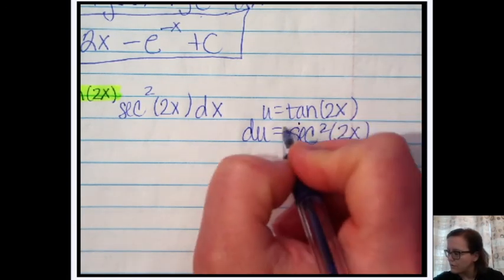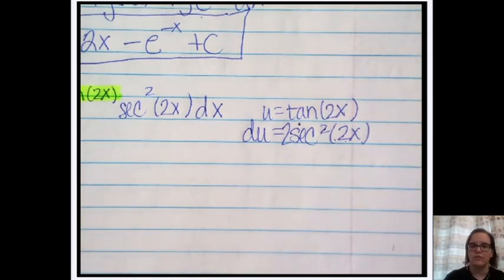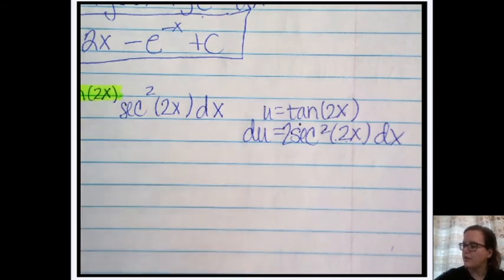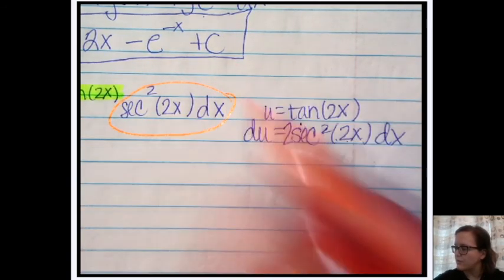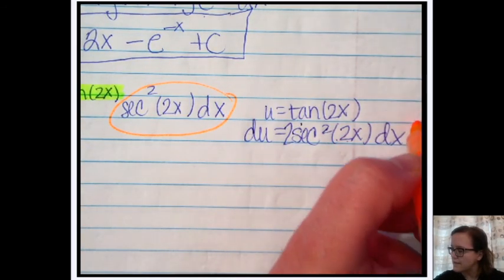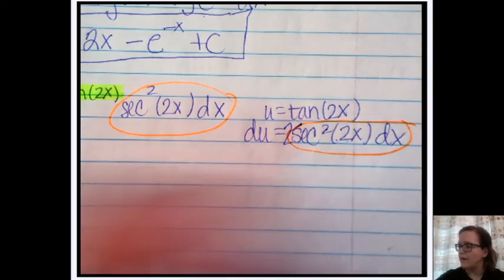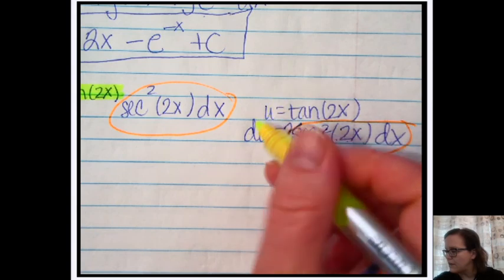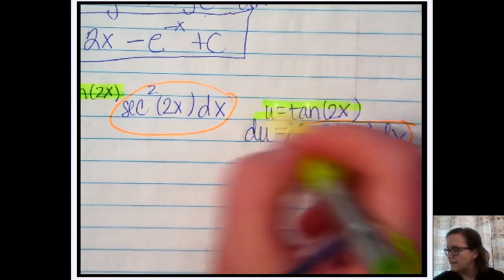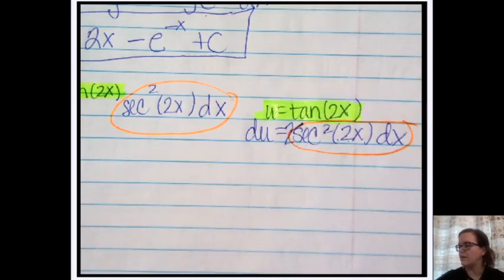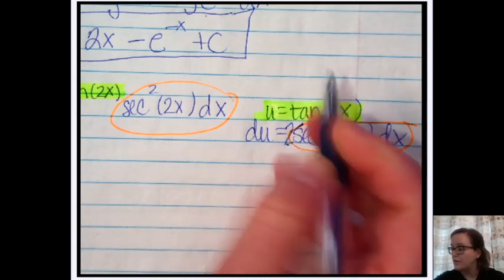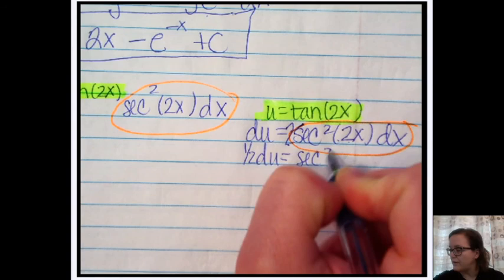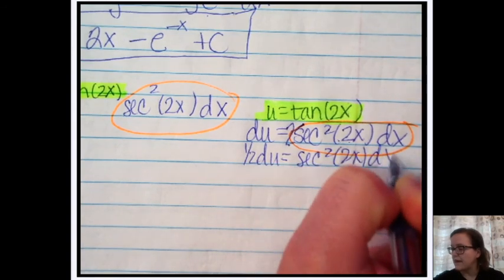So we would need a 2 here. So du equals 2 secant squared 2x dx. And then if we look at our original problem, we just want secant squared 2x dx. So what do we have to do to manipulate it to look like we want it to look? Well, we've got to get rid of that 2, so we get 1/2 du equals secant squared 2x dx.